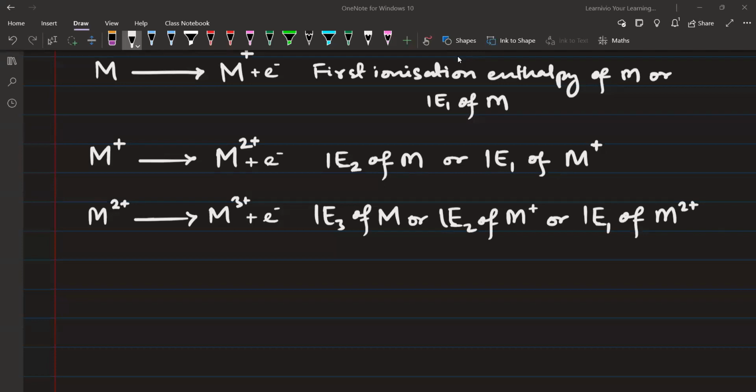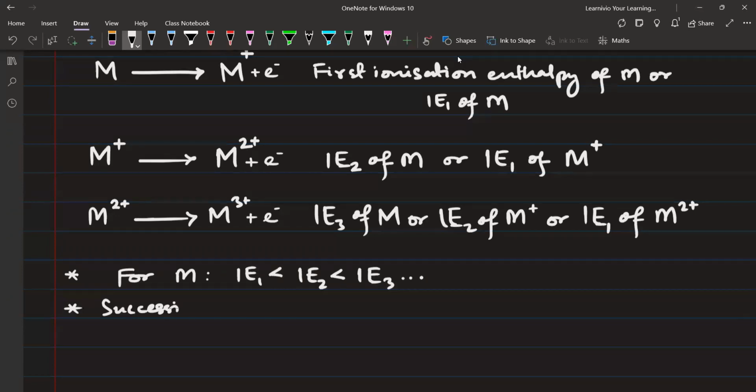So the successive ionization enthalpy is always higher and keeps on increasing. So for M, the first ionization enthalpy is the smallest. The removal of the second electron is tougher than the first, followed by the third ionization enthalpy, and so on. Successive ionization enthalpy keeps on increasing.